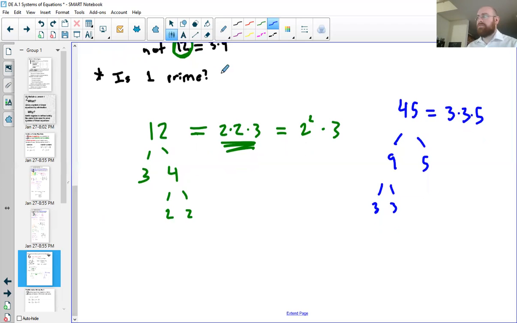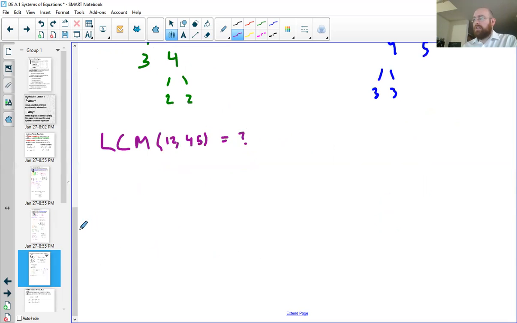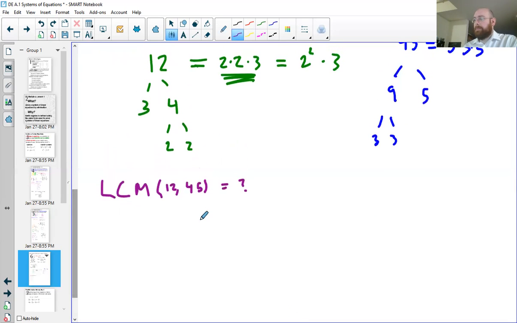we can come back to our conversation about least common multiples. So what is the least common multiple of 12 and 45? And the comment I made earlier uses the prime factorizations. So 12, I'm going to draw a line here. So we have 12 and 45.